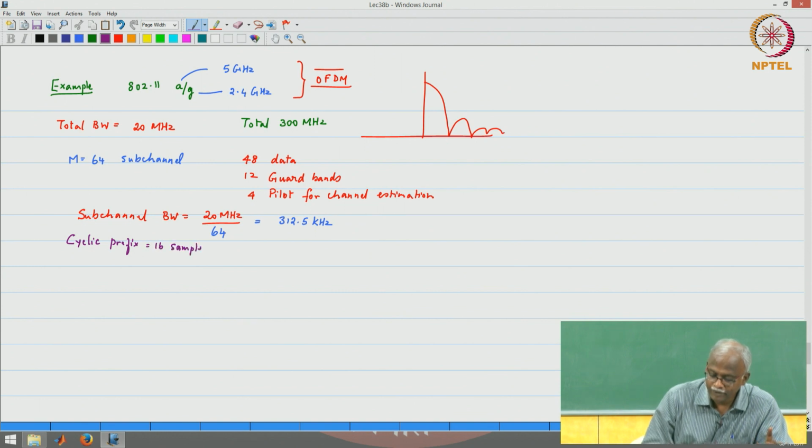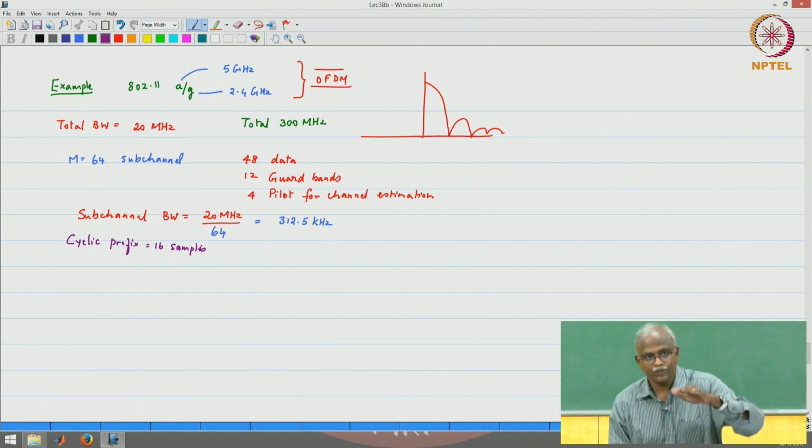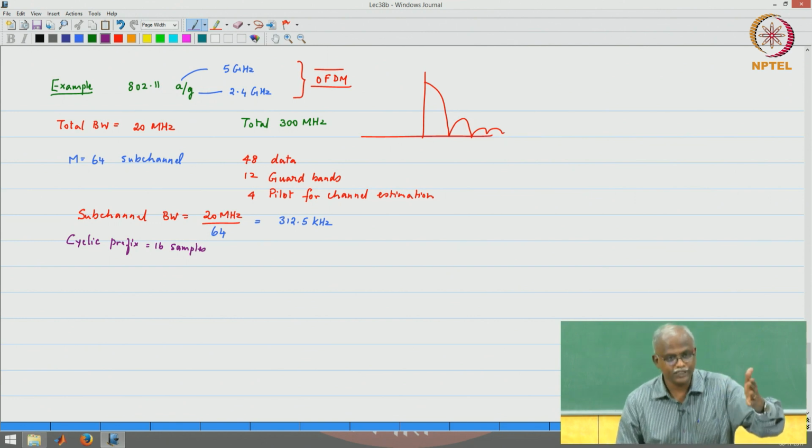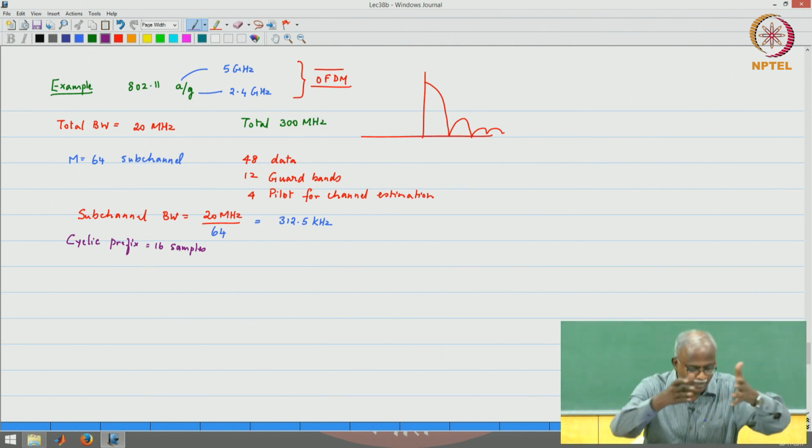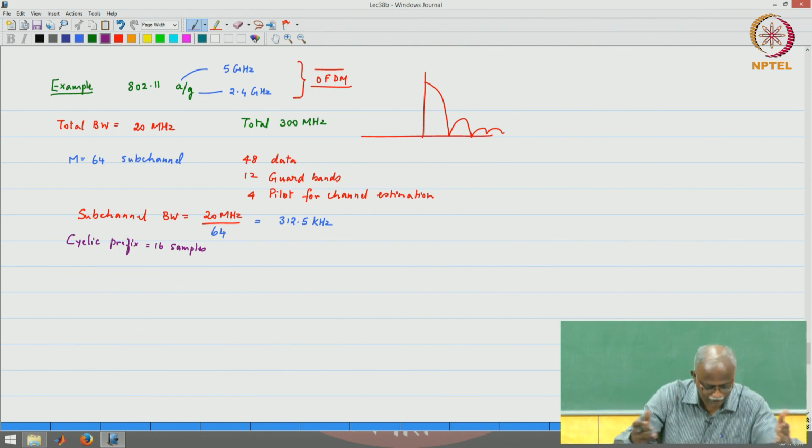How many data samples will be there? 64, because you are using an IDFT of size 64. To that you will add 16. So, it will become 80 samples. 80 samples will become your block length, and that will become the frame or the OFDM symbol that you are transmitting.